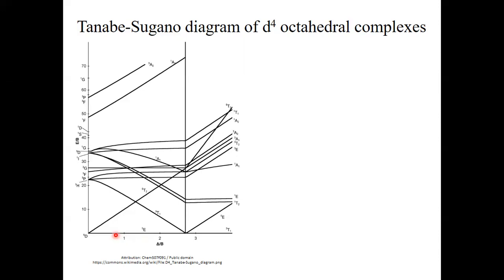So you see from this diagram here that at low ligand field strength, our term is a quintet term. It's actually a 5E term to be precise. And up to this ligand field strength, which would be approximately 2.8 B, this term would be our ground term.